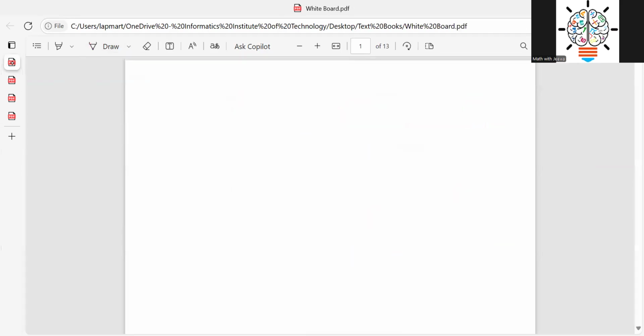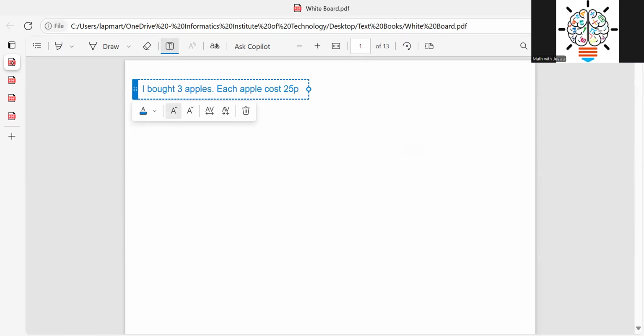So I'll give it like this. Let's say I write, I bought 3 apples, right? Each apple costs, let's say, 25 pence, right? So this is the scenario. I bought 3 apples.